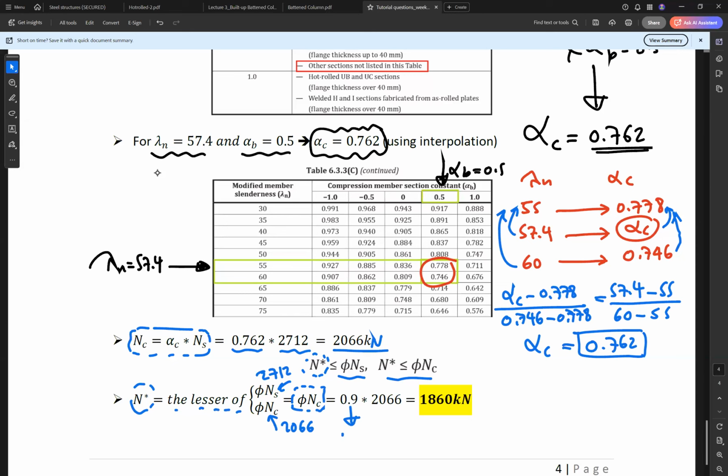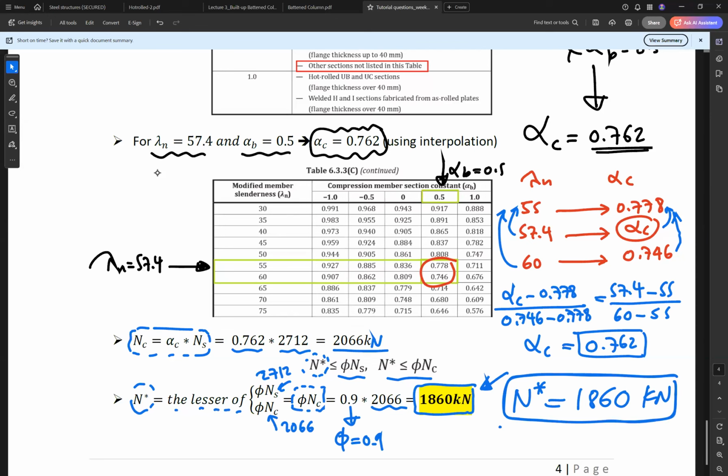So phi for steel members is 0.9, and we know Nc as 2066. So this means that the maximum compressive capacity of this member, N asterisk, equals 1860 kilonewton.